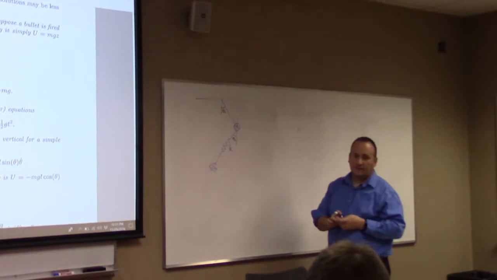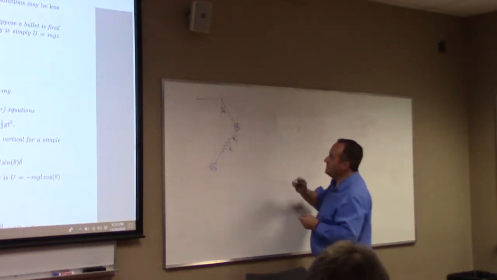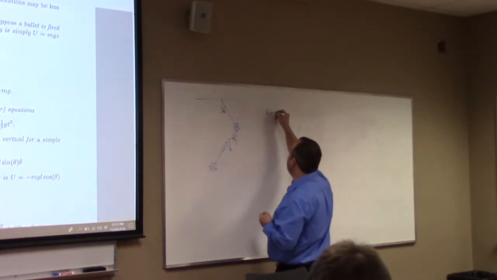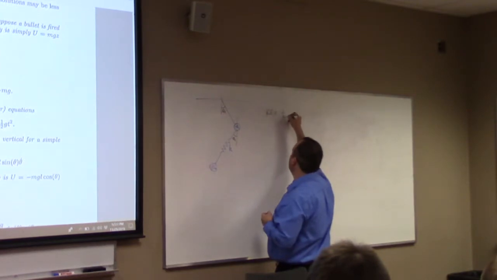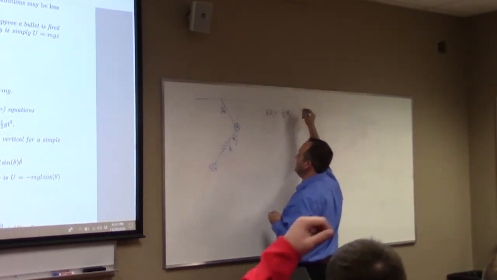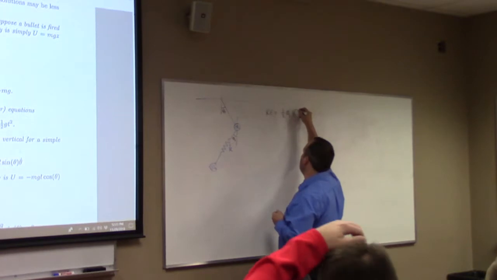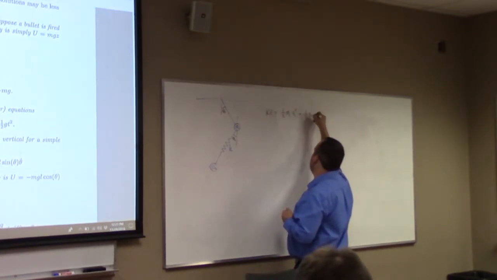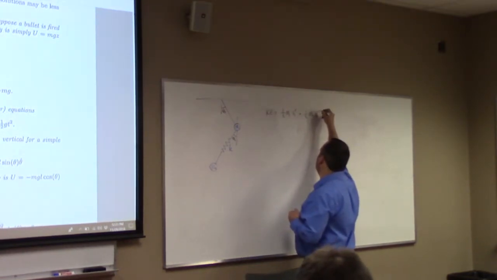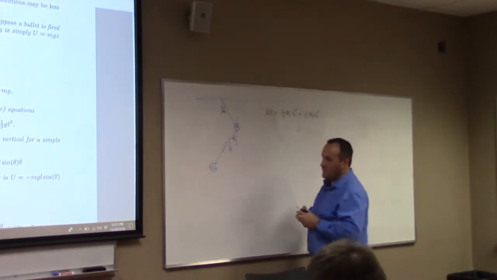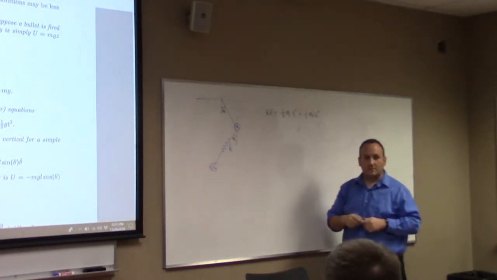So in terms of kinetic energy, what are the kinetic energies of this problem? I think we have 1/2 m1 v1 squared, right? Plus 1/2 m2 v2 squared, where v1 and v2 are respectively the speeds of mass 1 and mass 2.